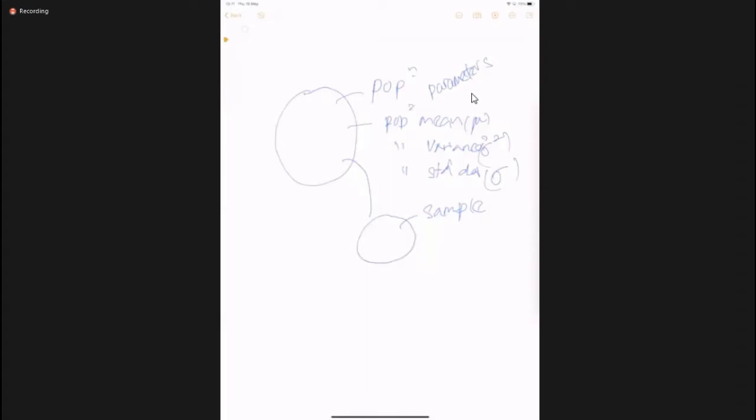Right. Now, if we can find these population parameters for a population, then we are very fortunate. Why do we say we are fortunate? Because we do not have to take a sample from this population since we have the population data.